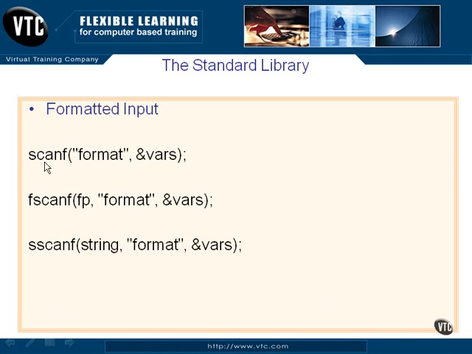Formatted input, we saw scanf, and scanf takes a format string, %s, %d, so on, whatever it's going to be reading in from standard in, and it assigns the replacement values that it's reading in into these variables. Now, I put an ampersand here because these all have to be pointers.